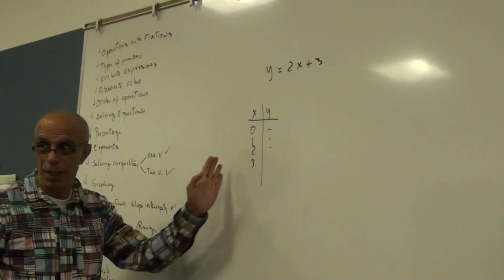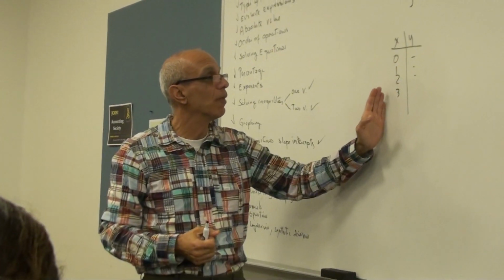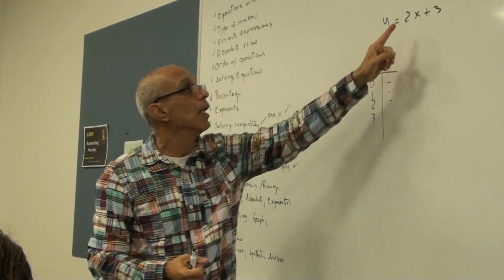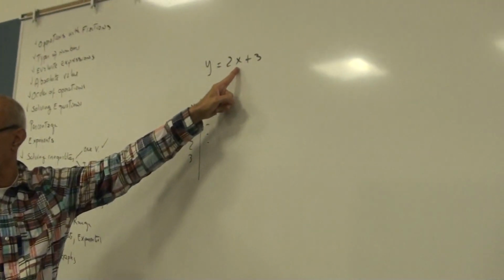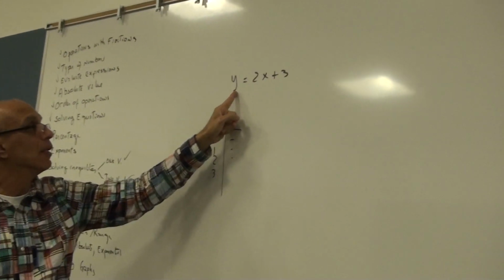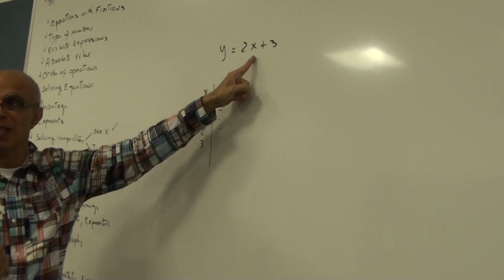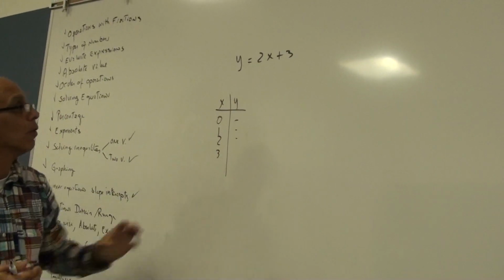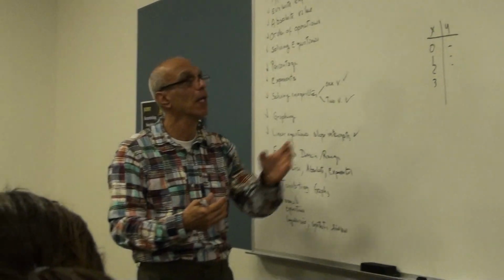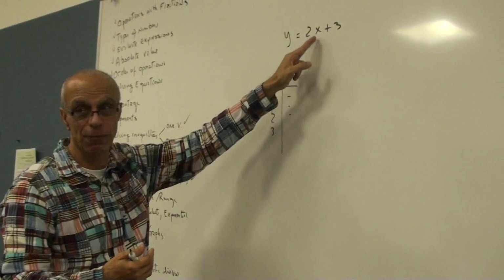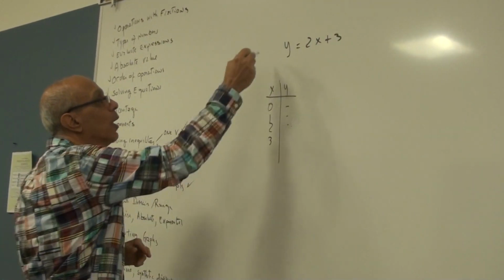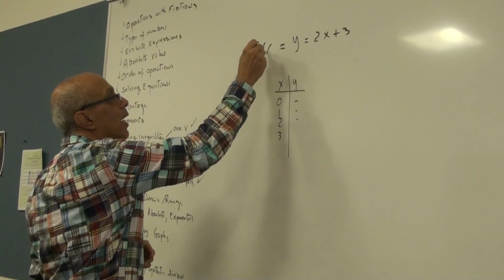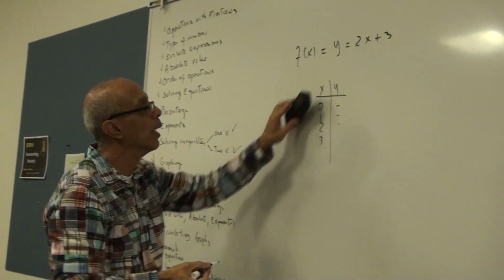Now, there is a relationship here between the values of x and the values of y. If I define a value of x here, y depends on that value. So that dependence, that's what we call a function, all right? We say that y is a function of x. And one way to represent that is f of x, okay?